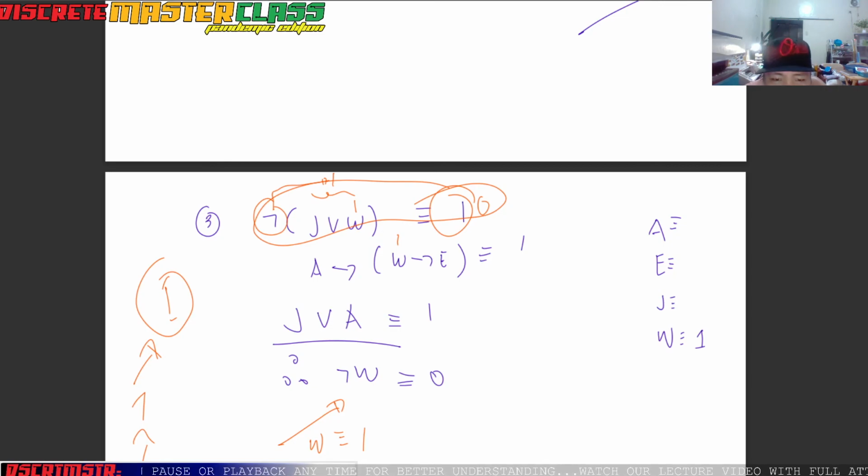So, ganun yun. Binigyan ka ng argument, hindi sinabi kung valid or invalid. Ang sabi lang ni sir, determine whether this argument is valid or invalid, then prove. So, the first thing na gagawin mo, binigyan ka ng argument. Ito yung given argument.